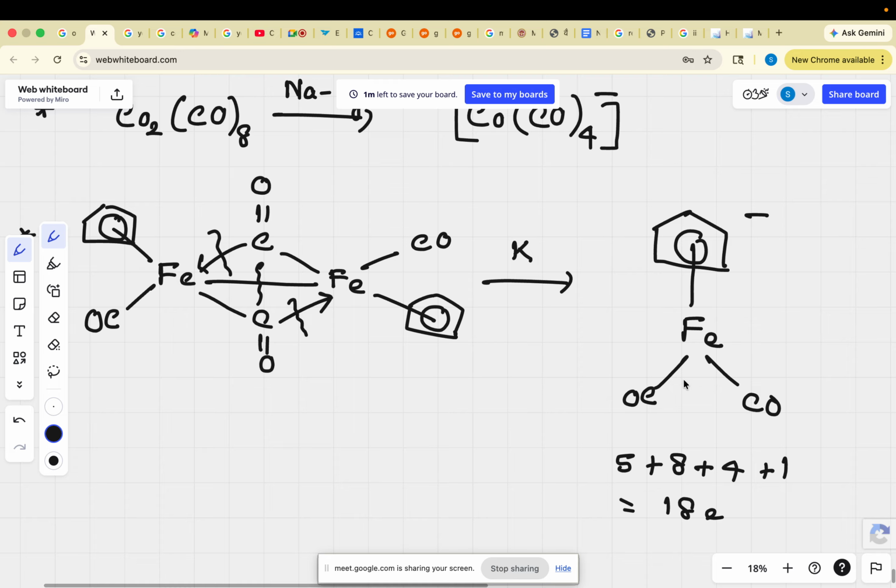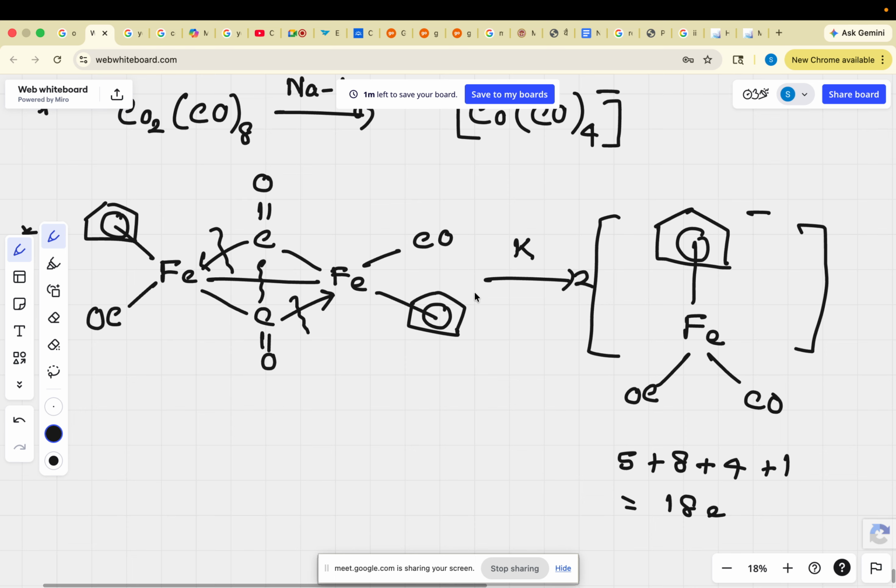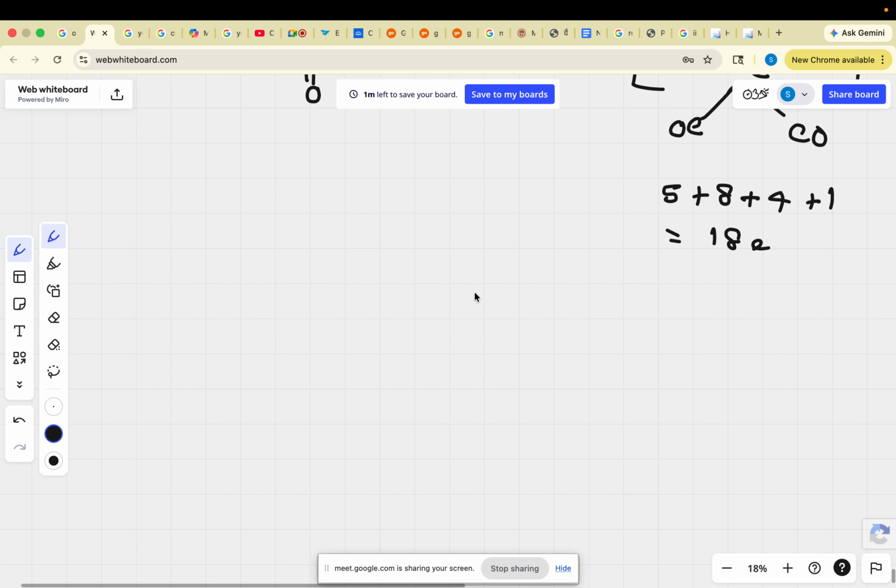If you check the right side also, you will get the same thing. In the right side also you have an iron center, one cyclopentadienyl, carbonyl, and this bond is breaking, so one negative charge.